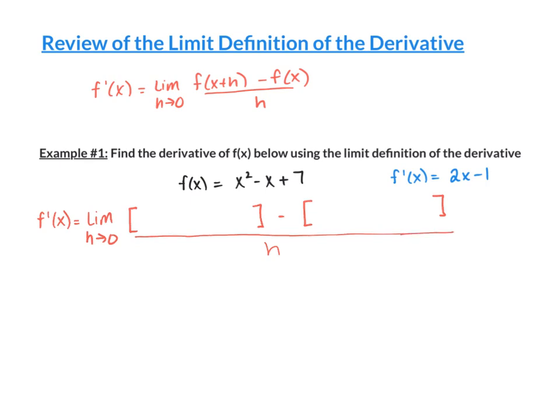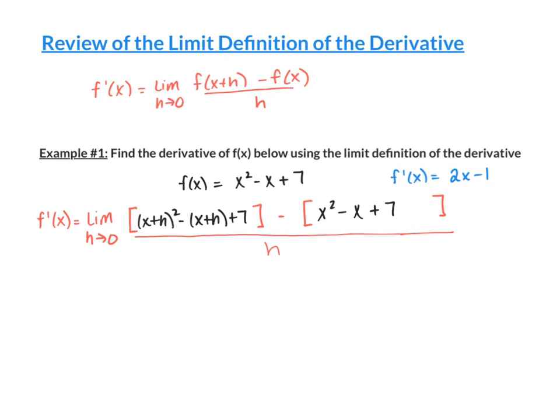So the f of x plus h is everywhere I see an x, I'm going to put an x plus h. So it would be x plus h squared minus x plus h and then plus 7. And this part says minus f of x, which is the original function. So we would do minus x squared minus x plus 7.